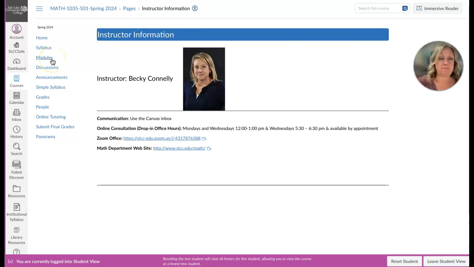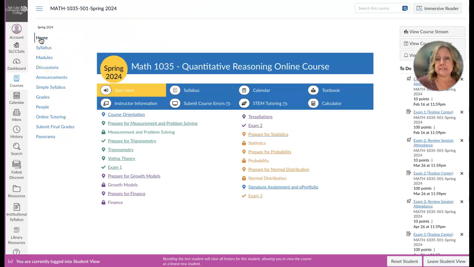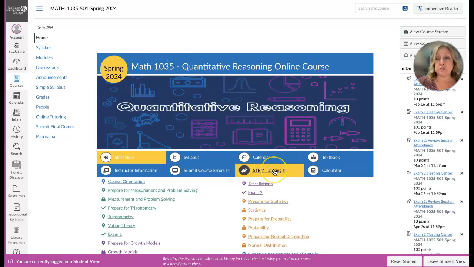Okay. Other things that you have available to you is the STEM Center. So you'll see the STEM tutoring here. Now, when you click on there, you'll see that there are hours that you can go to the STEM centers. So there's different campuses, and we've got, let's see, the South City, the Redwood, the Jordan, and I believe now the Harriman campus.